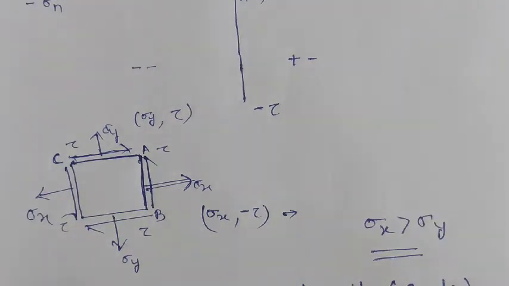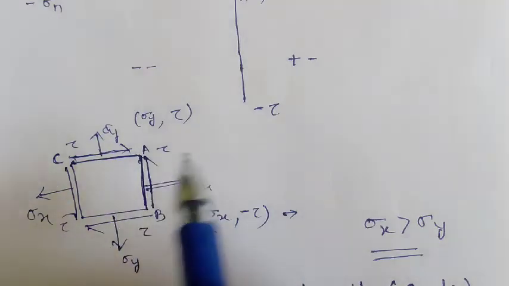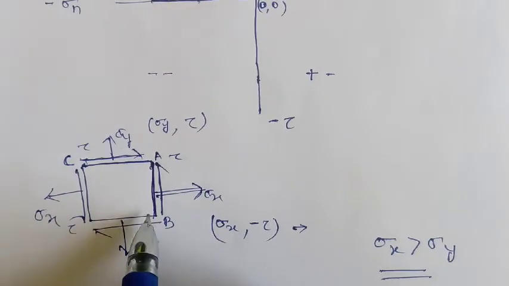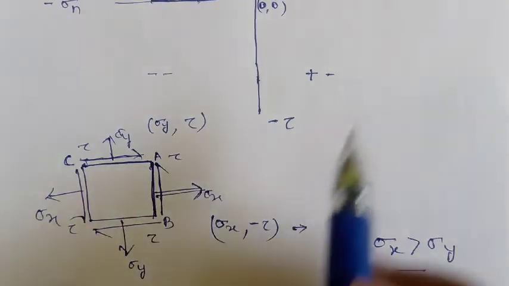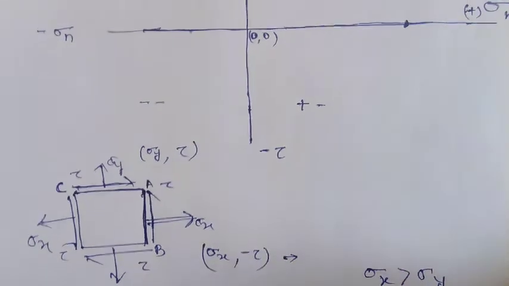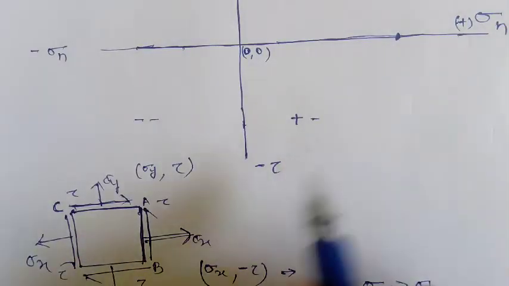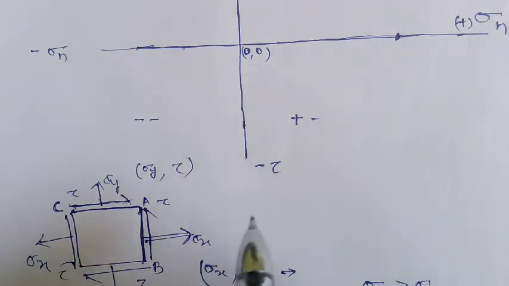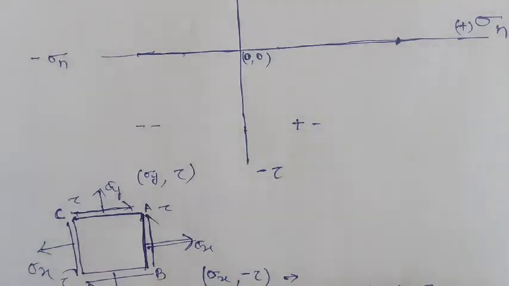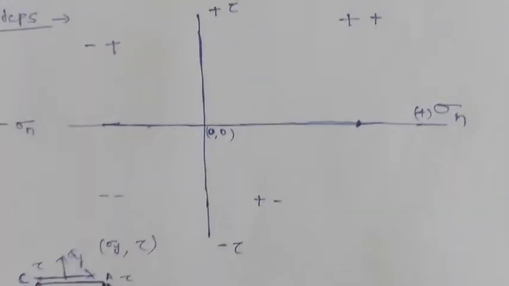The first consideration to construct the Mohr circle is that whatever the plane is, that plane will be a point on the circumference of the Mohr circle. So AB will be a point on the circumference of the Mohr circle. AC also will be a point on the circumference of the Mohr circle. This is the first point that you have to consider. I'll explain one by one.